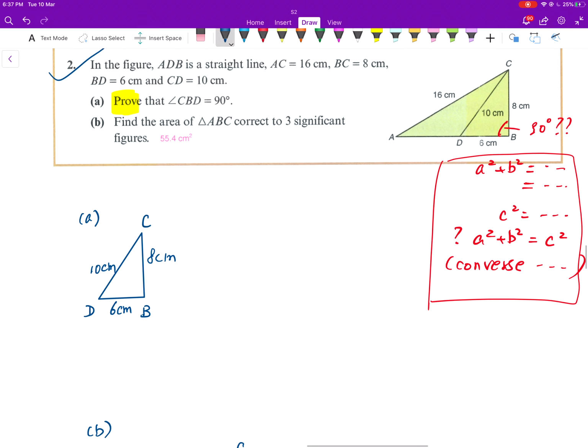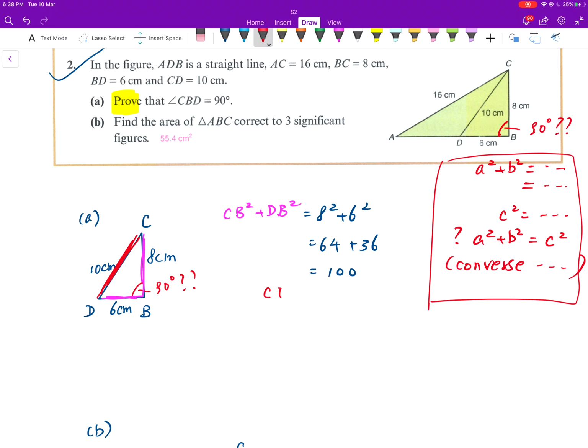Okay, for part A, this one is the longest side. We need to check if it is 90 degrees, so we start with these two sides. CB square plus DB square equals 8 square plus 6 square, which equals 64 plus 36, so the value is 100.